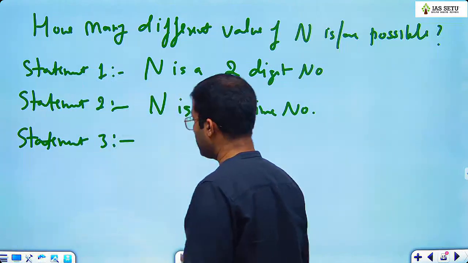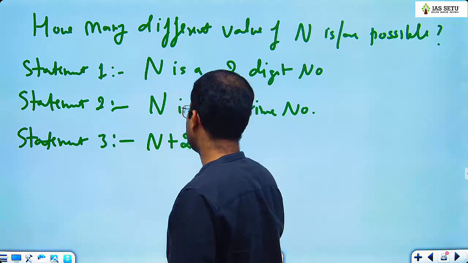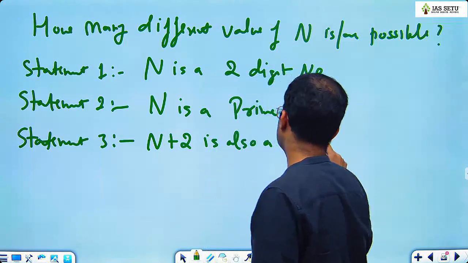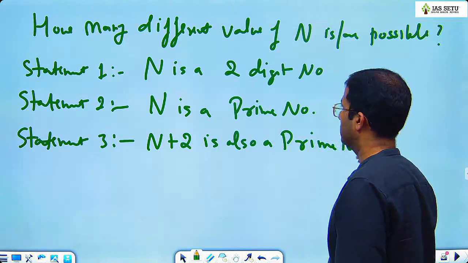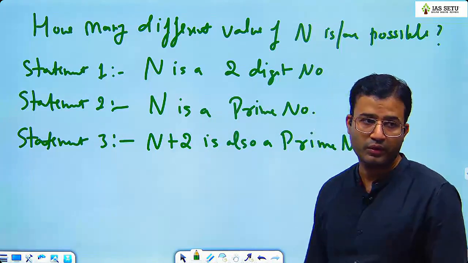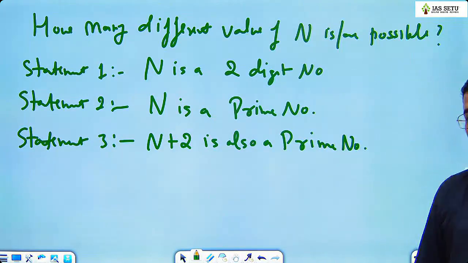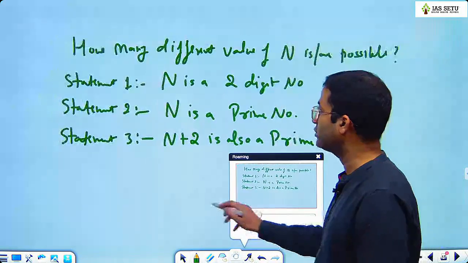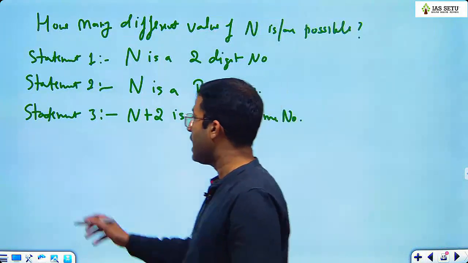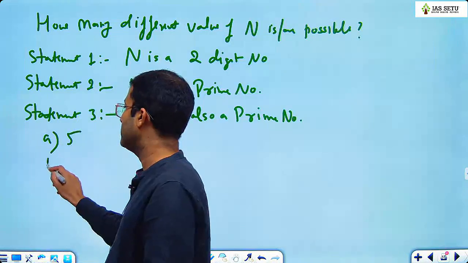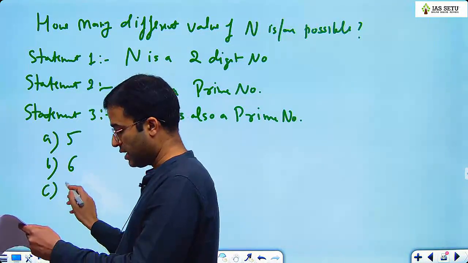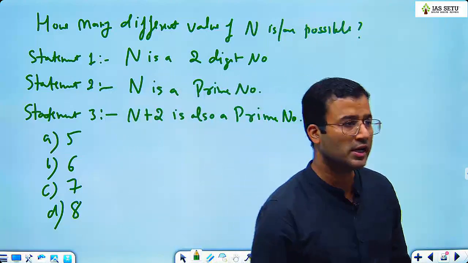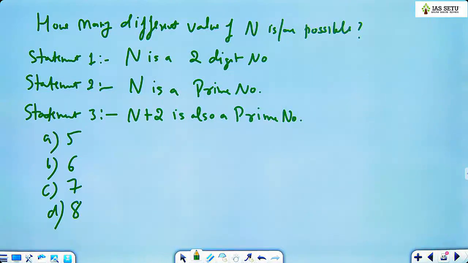Statement number 3, n plus 2 is also a prime number. So n is a 2-digit number, n is a prime number, and n plus 2 is also a prime number. I give you the answer options. Option A 5, option B 6, option C 7, option D 8. Take your time. I give you 2 minutes.